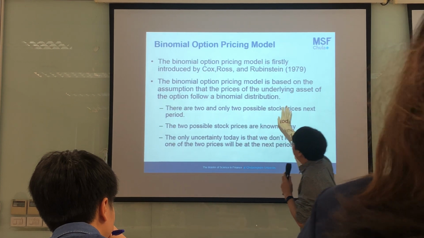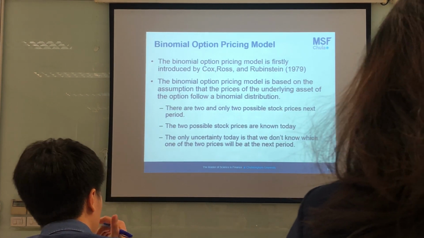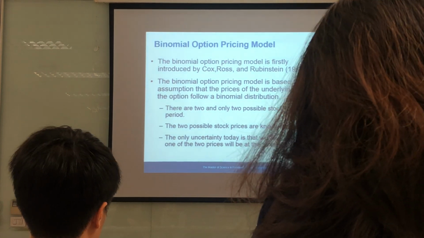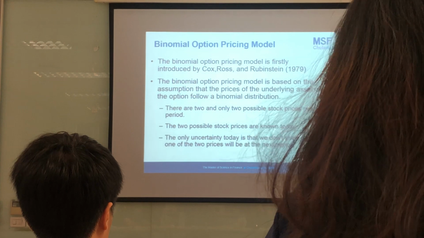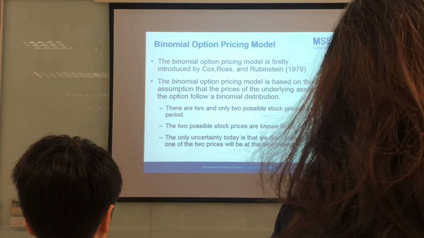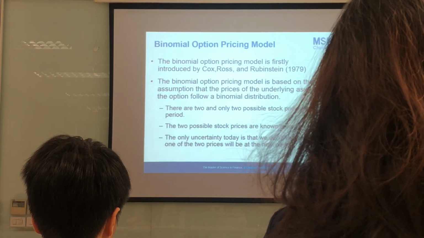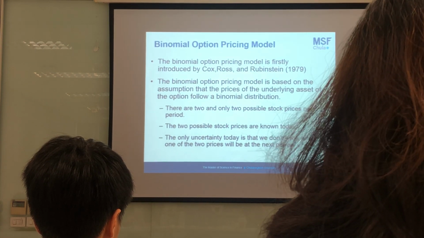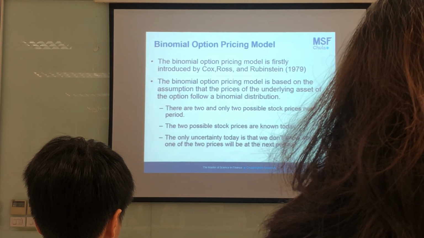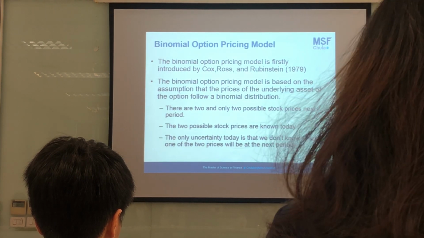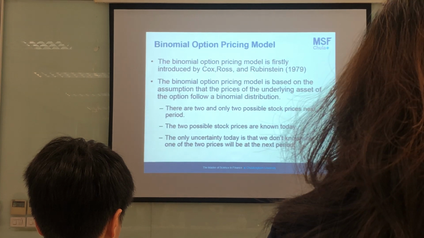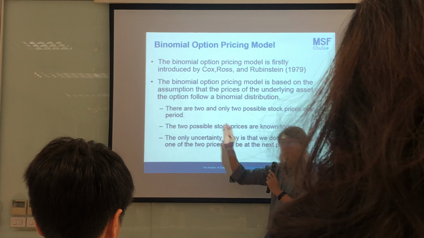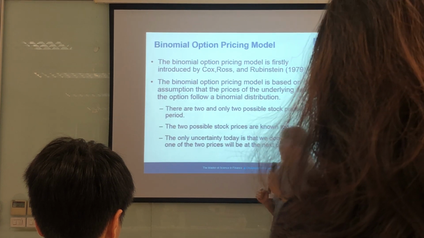Okay, the binomial option pricing model. The idea of this model is that we suppose the current underlying asset price, then we assume the next period value of the underlying asset. As we have discussed, if you know the value of the underlying asset, you know the value of the option. So in this case, we will assume the possible values of the underlying asset.